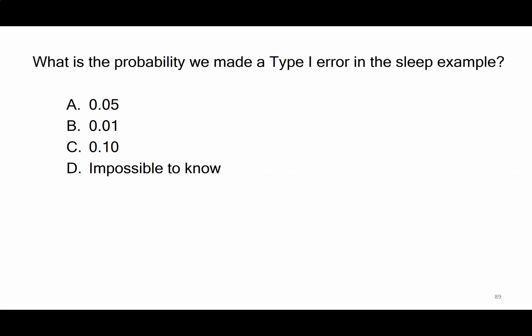Okay, so for this sleep example, we want to know what is the probability we made a type 1 error. So things to consider is we actually determine what the type 1 error is. So remember, the probability of type 1 error is equal to our significance level.